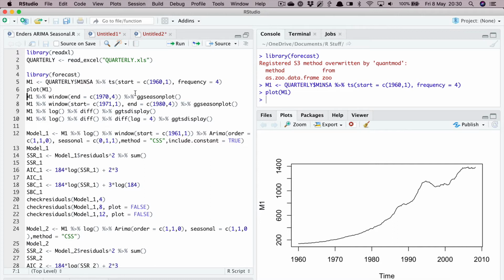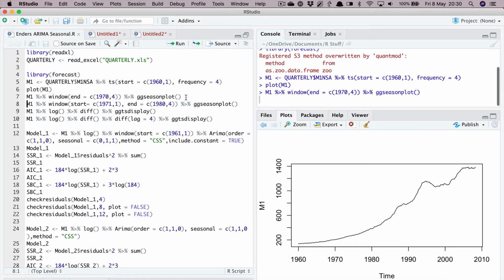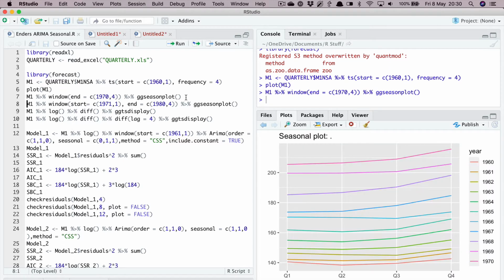So I'm taking my data M1, then I'm restricting it to a subset of about 11 years, the 1960s, and then putting that into ggseasonplot. This is the pipe operator, of course. As you can see, there's a definite seasonal pattern here of the money supply increasing over the year, reaching a peak in the fourth quarter.